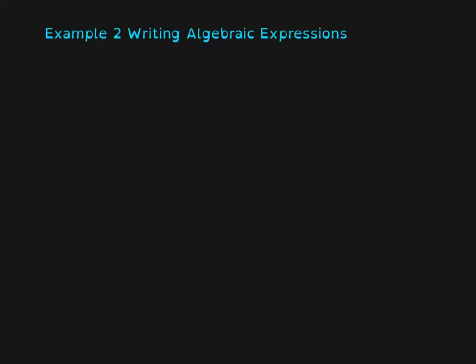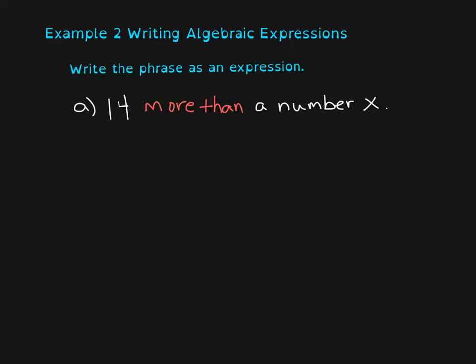Example 2 is writing algebraic expressions. So the directions with this one would be write the phrase as an expression. So if I had 14 more than a number x, you need to go back to that chart and see where is the phrase more than. So if I'm looking at my addition, I can see that a little ways down that table it says more than.